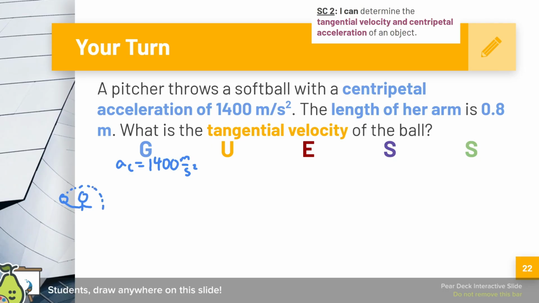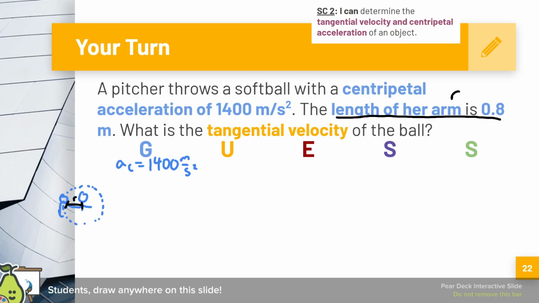The thing that is keeping the object traveling in the circle is that person's arm. So, in this case, the radius from the center of the object to the edge of the object is actually the length of her arm. That is our actual radius value.